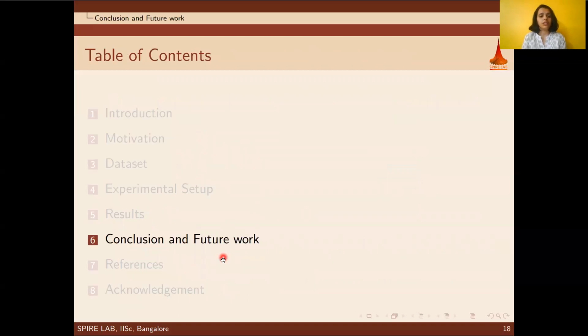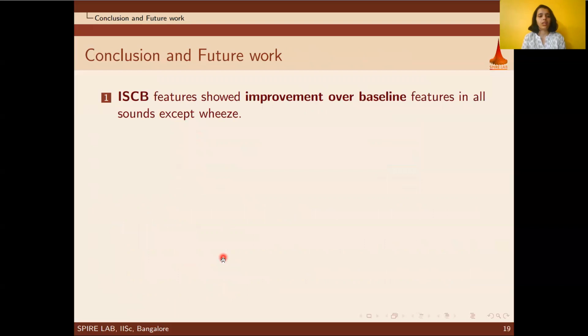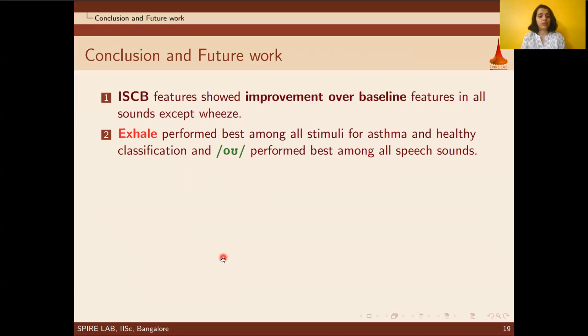So from this work, we found out that ISCB feature showed improvement over baseline MFCC except V's. Expl performed best among all the stimuli for asthma and healthy classification, and stimulus O performed best among all the speech sounds, and second best among all the sounds.